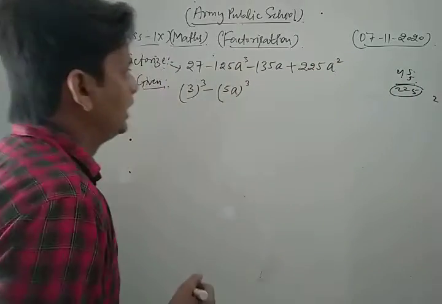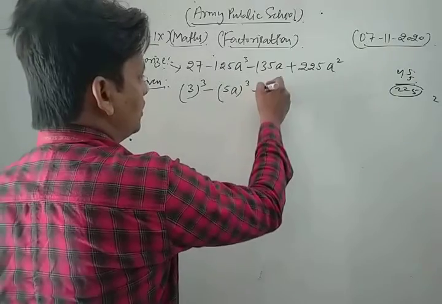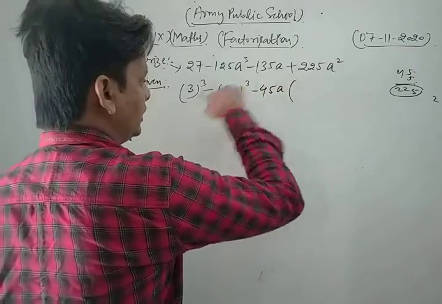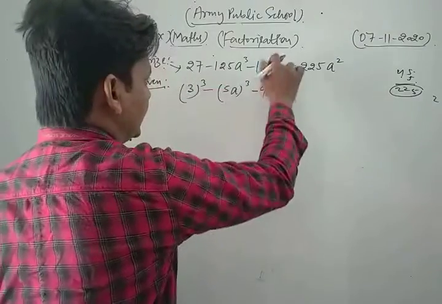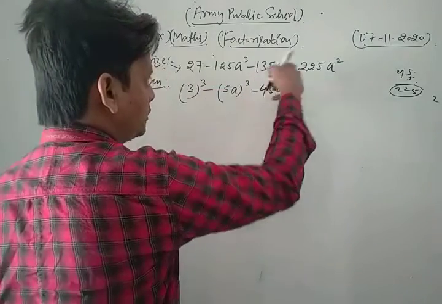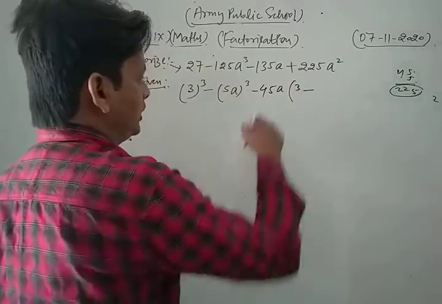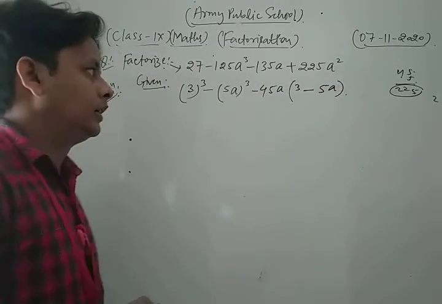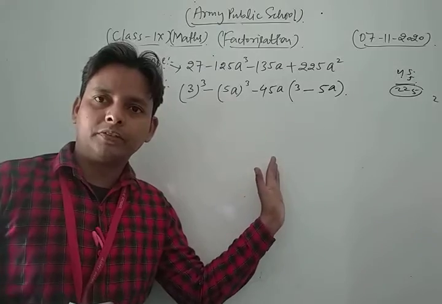So we take 45a as common. We write 45a, and the value left in that term is 3, minus 5a.